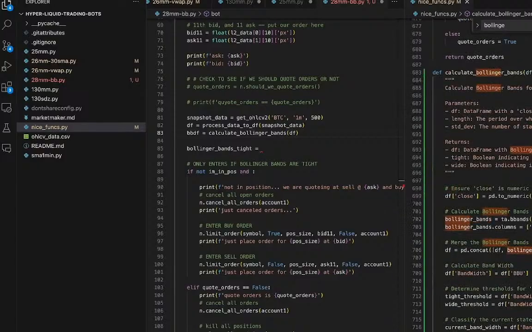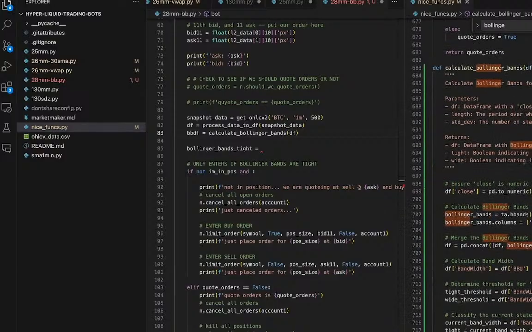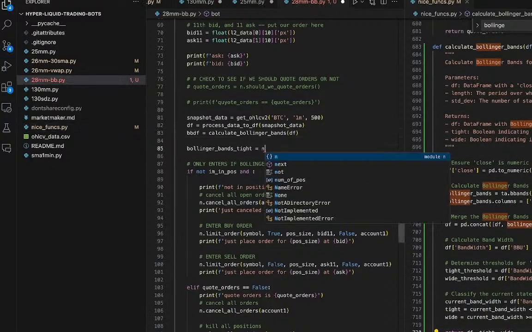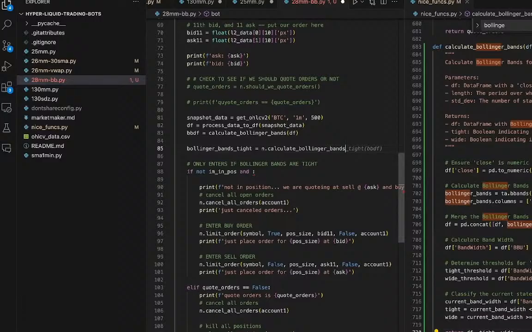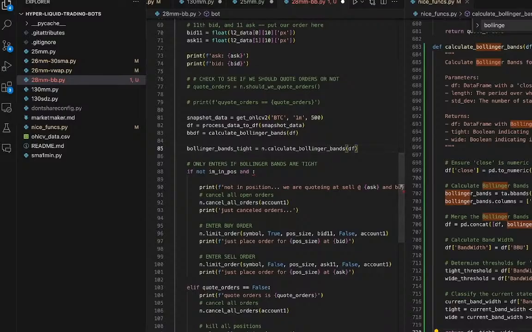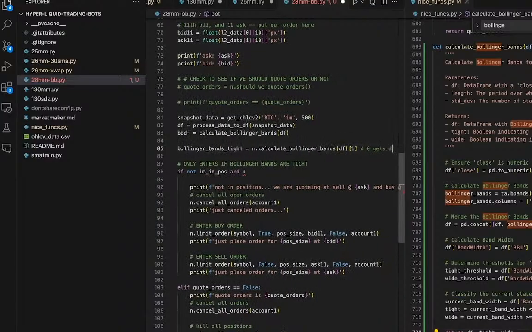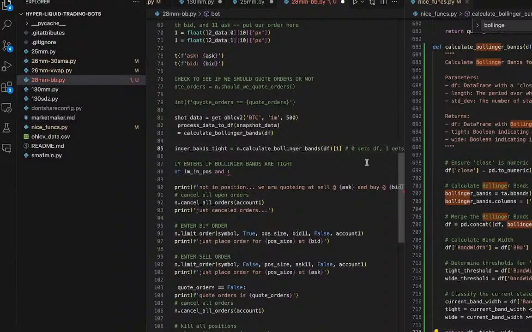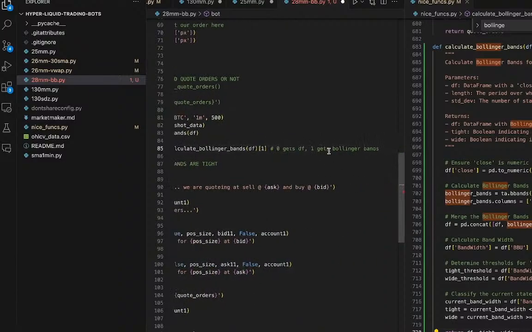Pass it in, okay. Now get it. Bollinger Bands, pass in the DF, okay. And then which one is it we want? We want 0, 1. 0 gets DF. 1 gets tight.